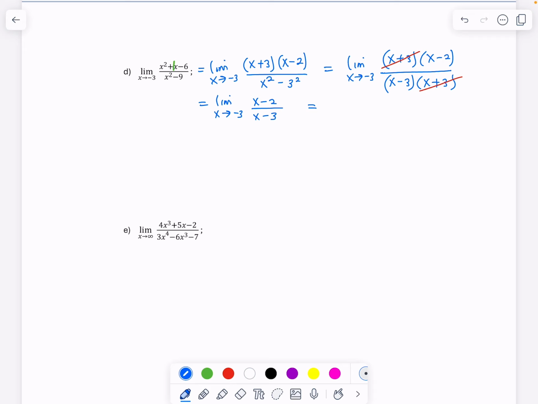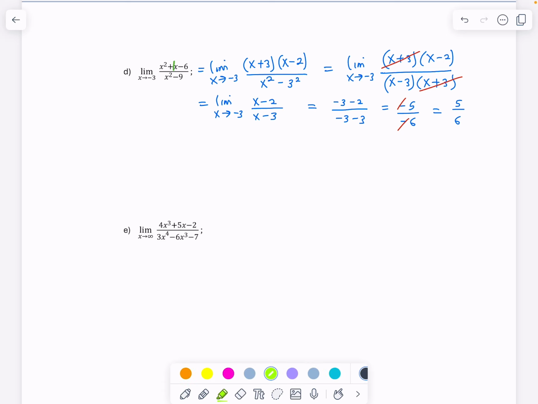Now I can plug in -3 into this expression. So I have -3 minus 2 over -3 minus 3. This is going to be -5 over -6, and this is just 5 over 6 because the negatives cancel out. So that's the limit for that.